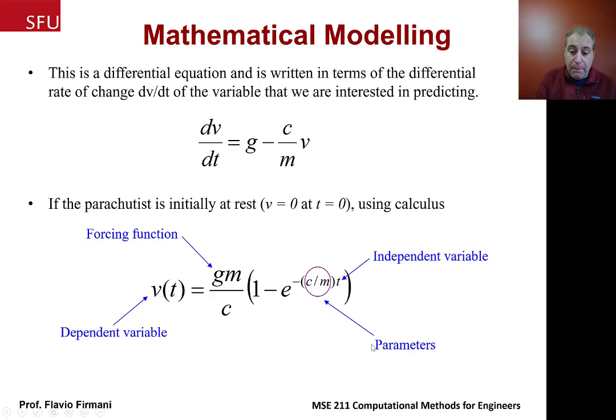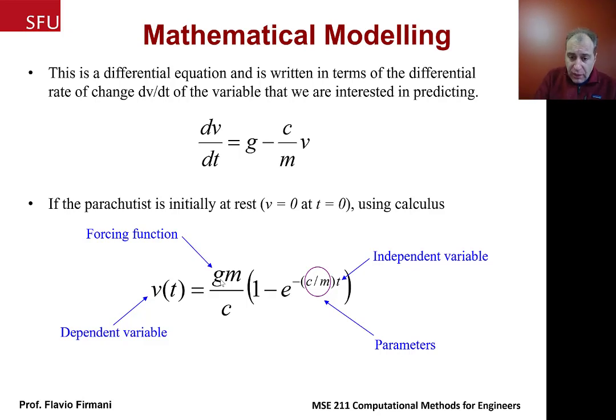Then there are parameters that define the problem: the mass of the parachutist, and also the coefficient of drag, which is related to the parachute itself. And then the forcing function is going to be gravity. That is what is affecting the parachutist.